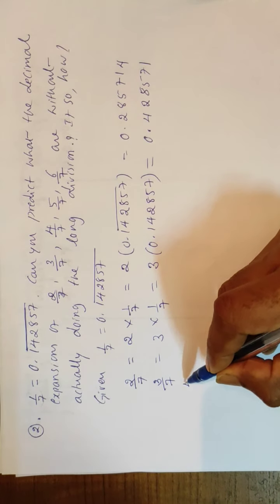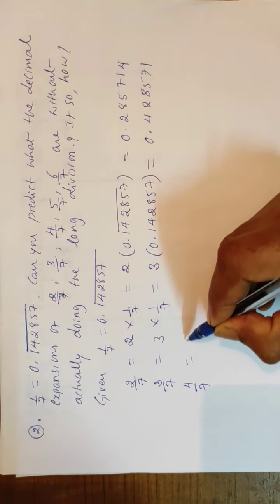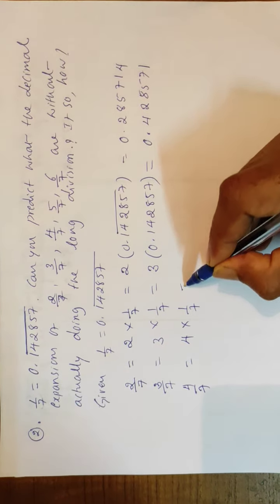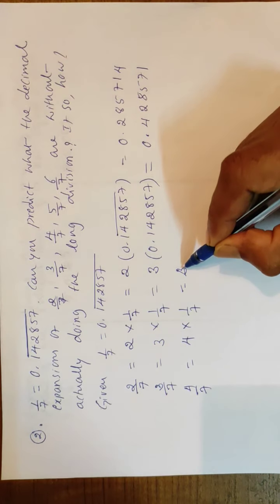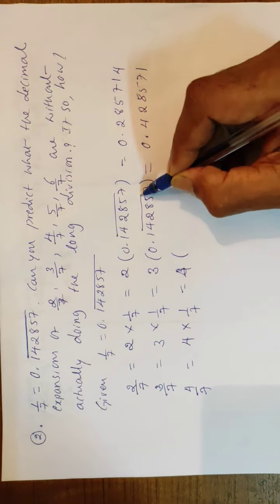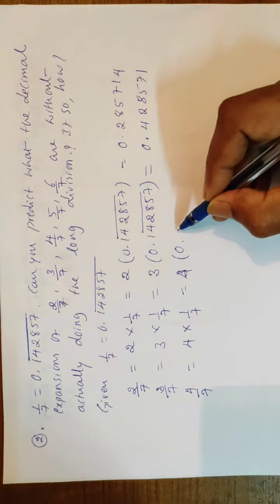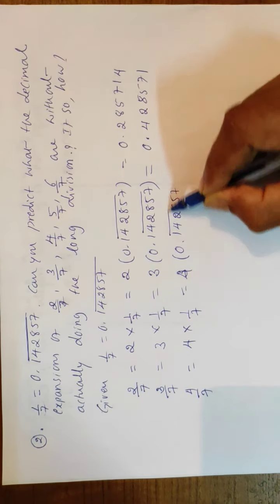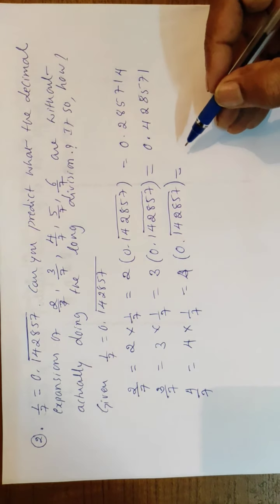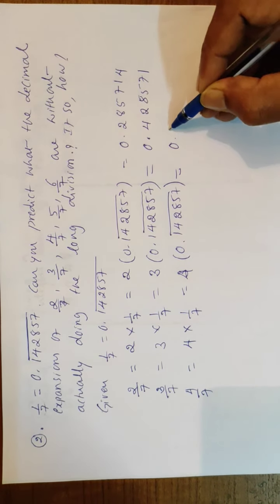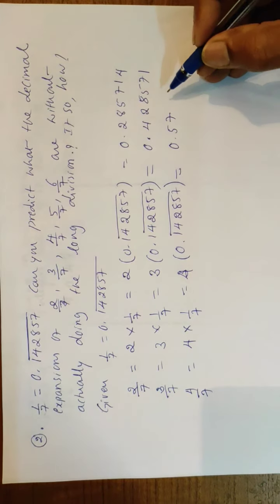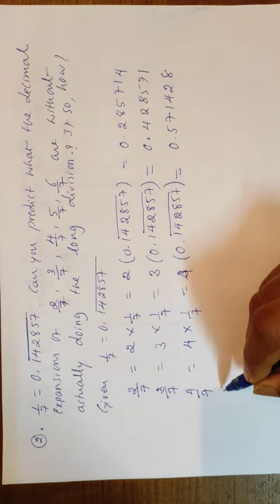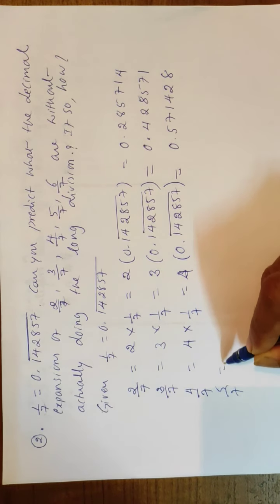Next is 4 by 7. Follow the same procedure. 4 into 1 by 7, that is equal to 4 into 0.142857. That gives you 0.571428.